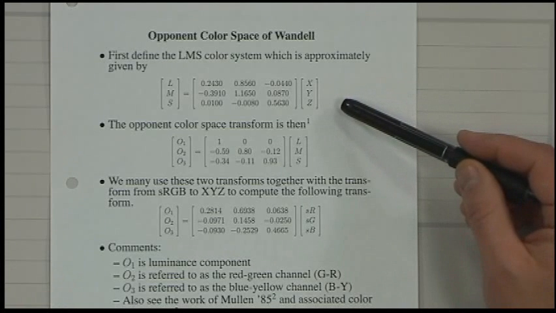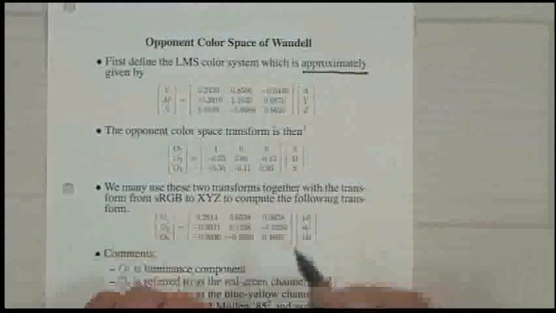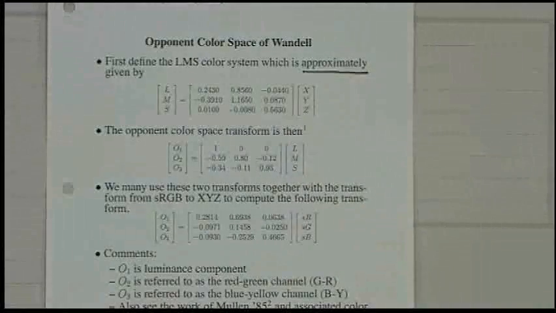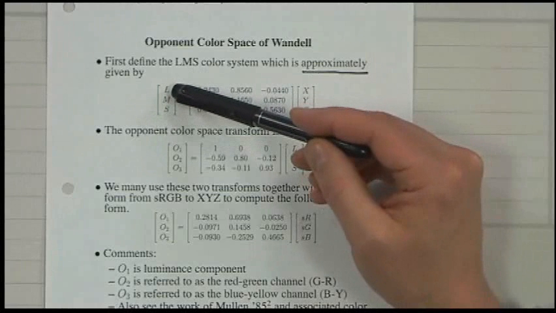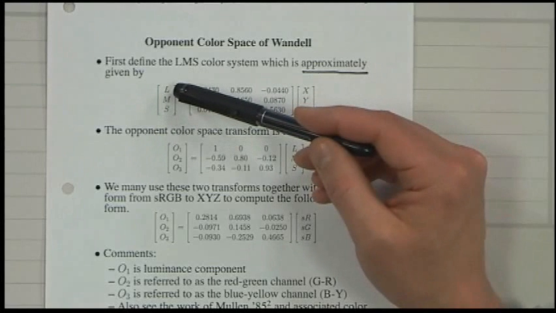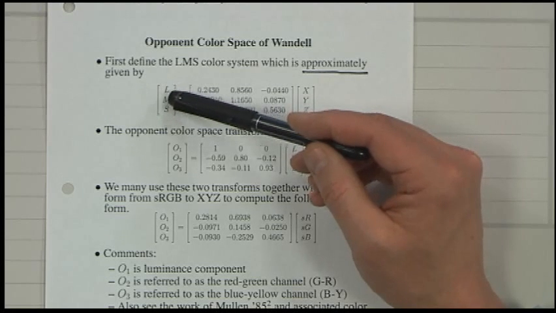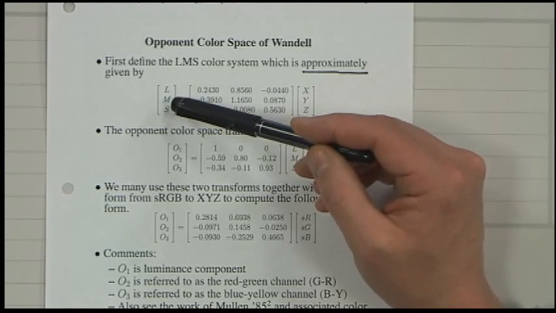Okay, the operative word here is approximately, because it turns out, well, first of all, LMS is not an opponent color space. LMS is the color space that would result by using the actual long, medium, and short cones of the retina, if you had omniscient knowledge of their color matching functions.